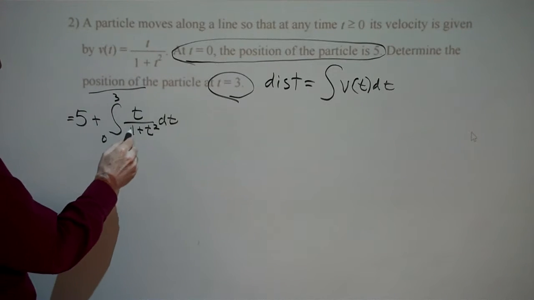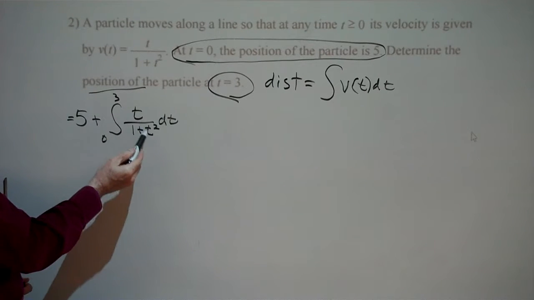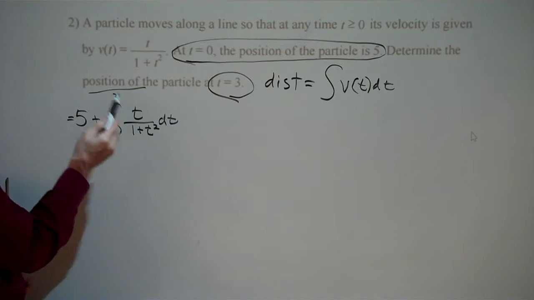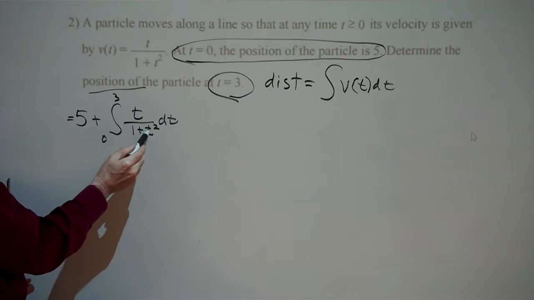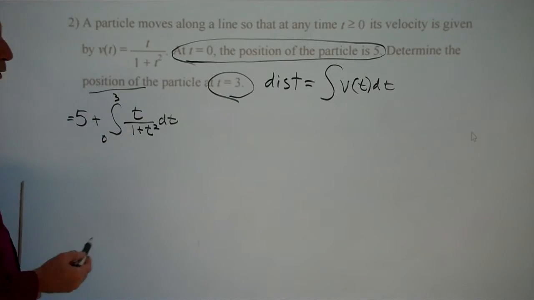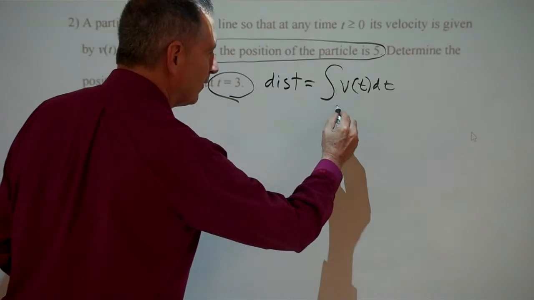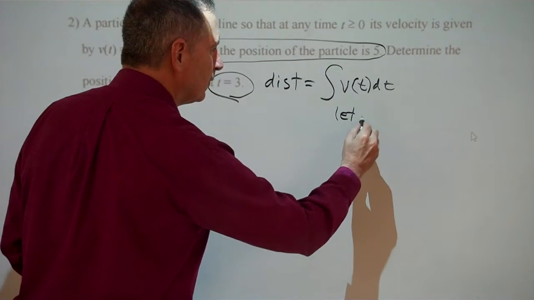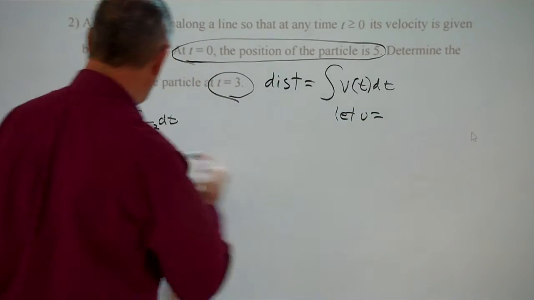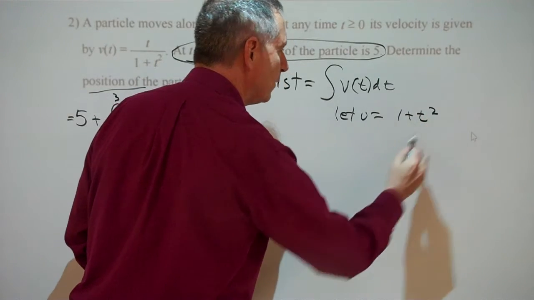What we're going to do to integrate this, it looks like a little bit of a complicated thing here, but I think that with u substitution we can cancel out this t in the numerator. So I'm going to come over here to the right and say let u equal 1 plus t squared.